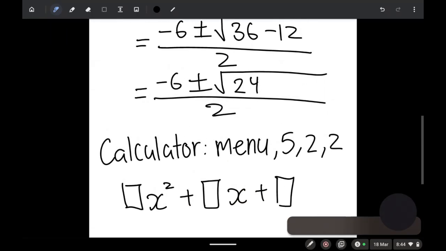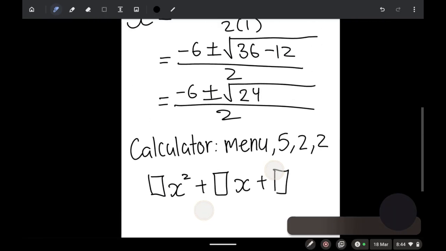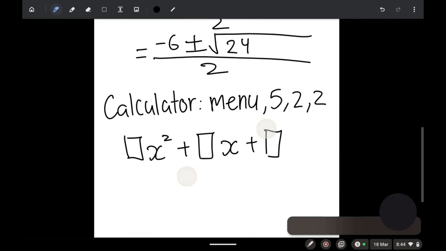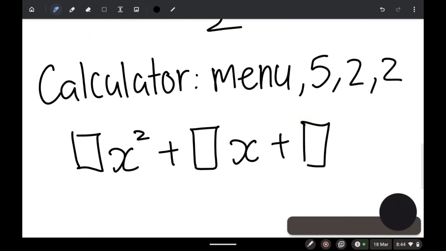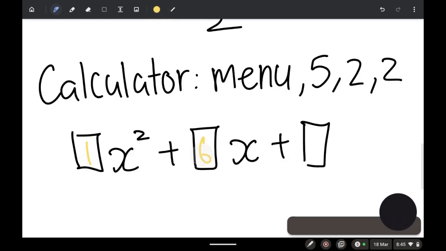Okay, so basically treat them as your A, B, and C. Okay, sorry, I dropped my pen, my stylus. Okay, so as we all know, A equals to 1, B equals to 6, C equals to 3. So we put in here, let me use a different color. 1, 6, 3.